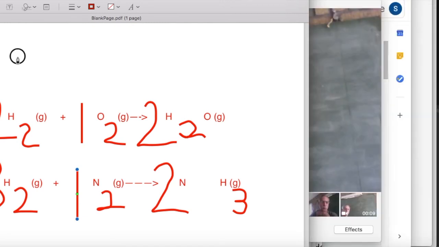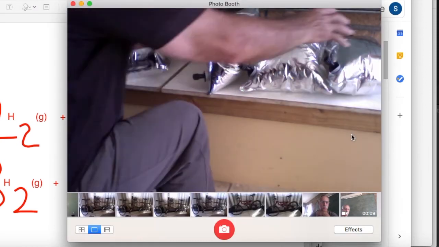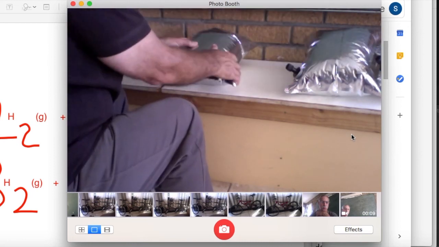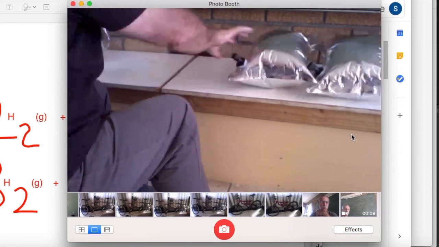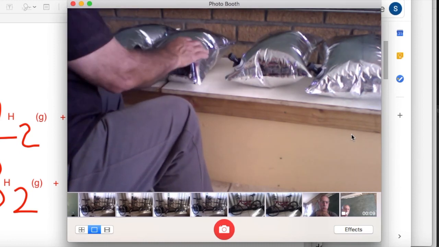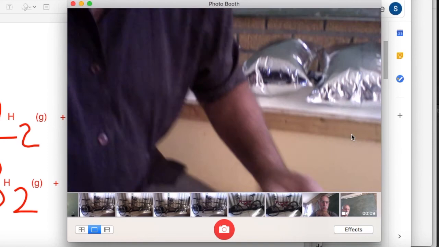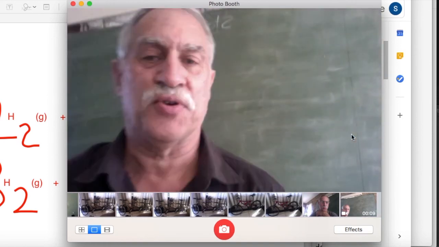So 3 plus 1 goes to form 2. That would be the ratio in which they would combine.